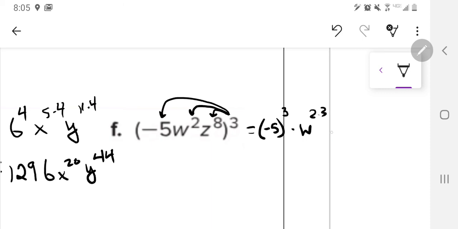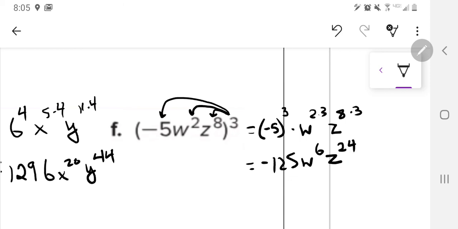We're going to multiply those powers, and z to the 8th to the 3rd. And now we simplify. So when we do a negative to an odd power, we get a negative. 5 times 5 times 5 is 125. We have w to the 2 times 3, so that's w to the 6. Z to the 8 times 3, which is 24.